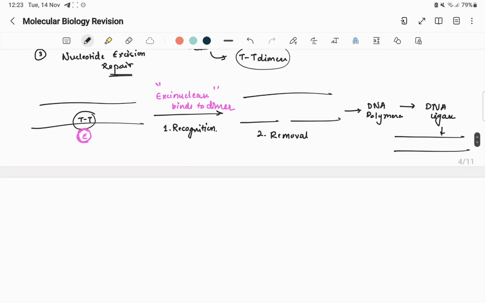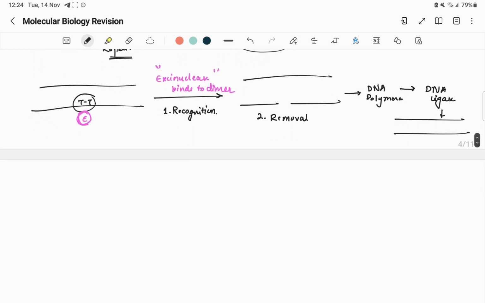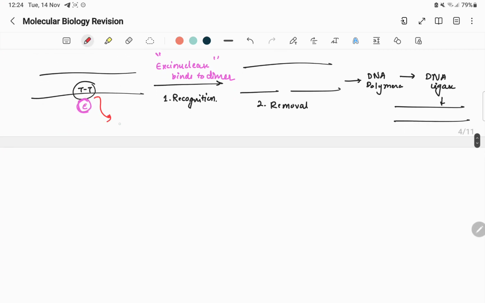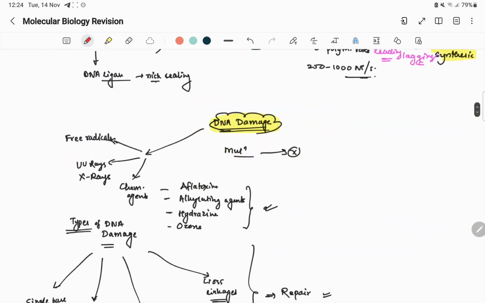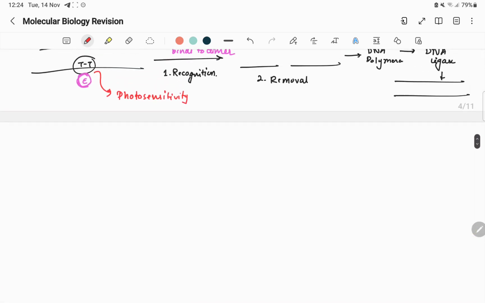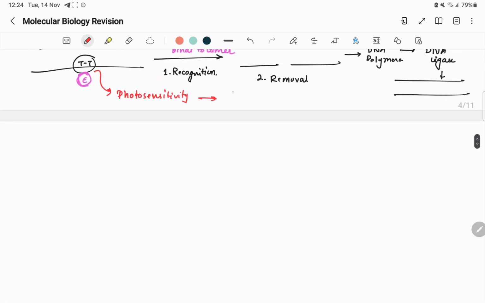Just know for your information that these TT dimers can cause photosensitivity. This can cause sensitivity to sunlight, and you can have freckles on the skin.